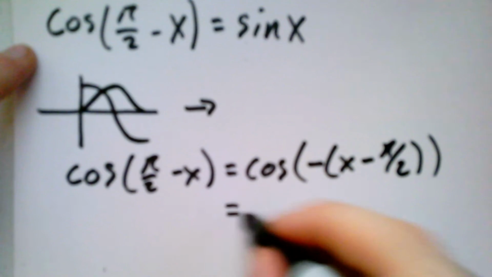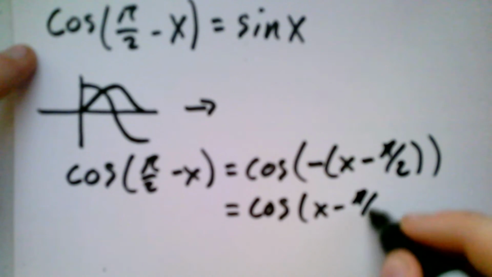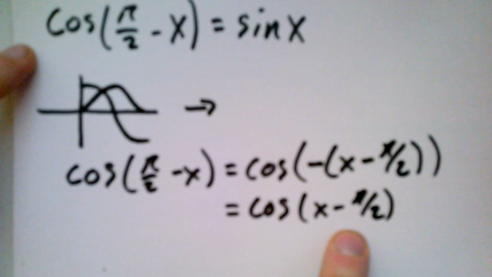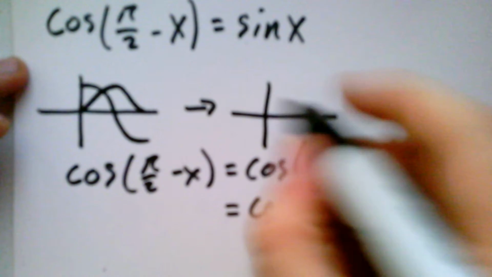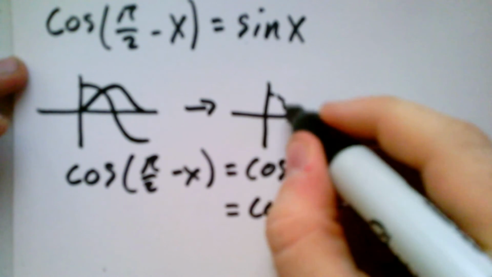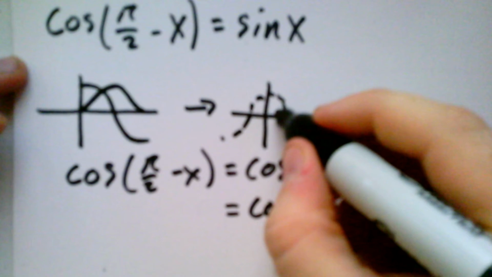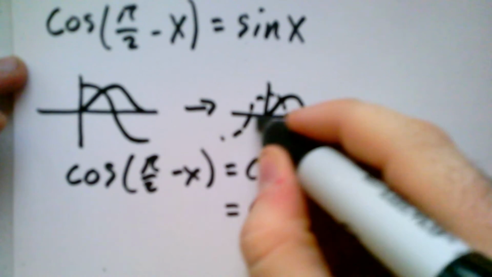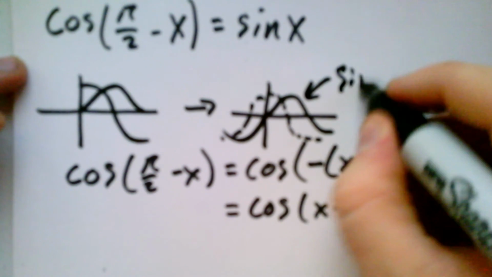But cosine's an even function, so that's just equal to cosine of x minus pi over 2, which is a shift. Cosine will be shifted pi over 2 toward the right. So instead of getting this for cosine, we get a new graph that looks like this, which is the same as sine of x.